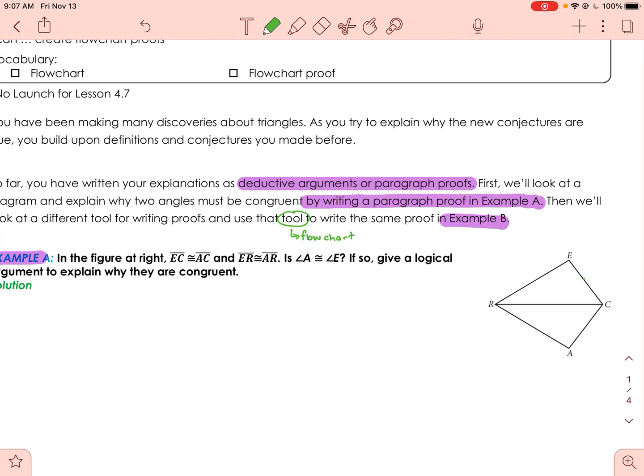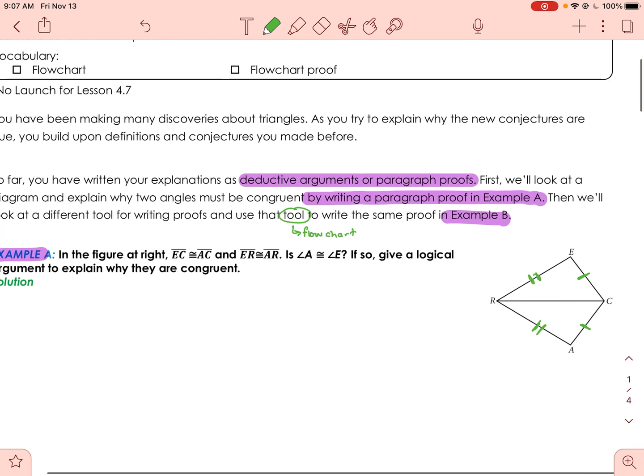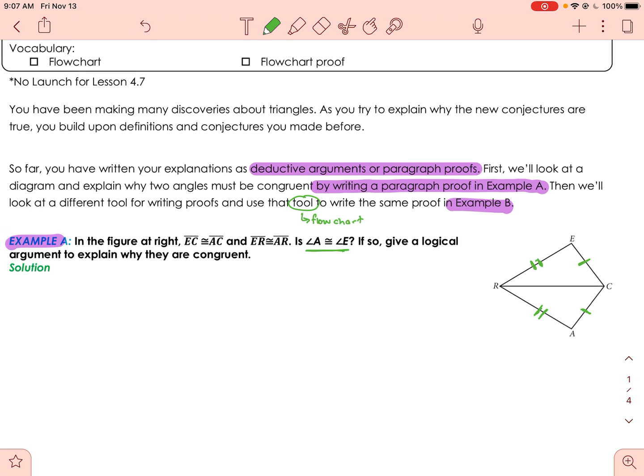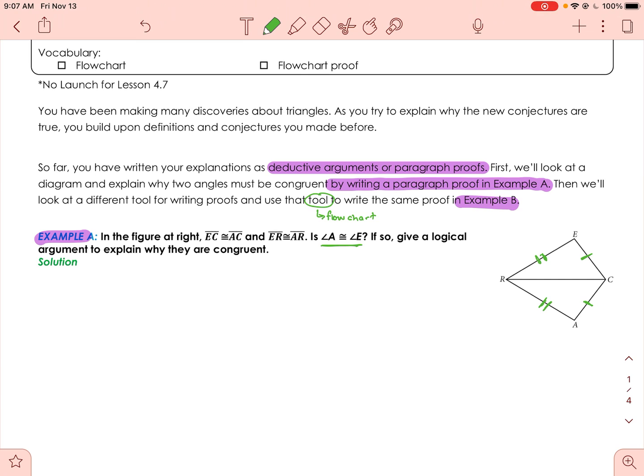Now, it says, is angle A congruent to angle E? If so, give a logical argument to explain why they are congruent.